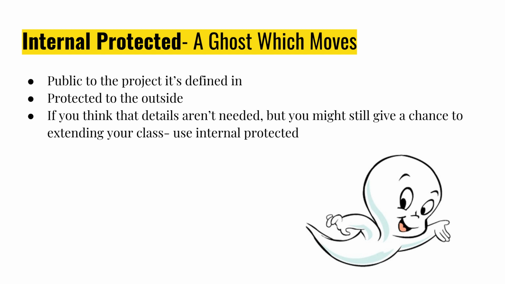If internal was a ghost bound to a project, an assembly, then internal protected is a ghost which is bound also to an assembly, but it can move in shadows, just like protected was a shadow of something. So is internal protected a shadow which is an actual thing inside an assembly.